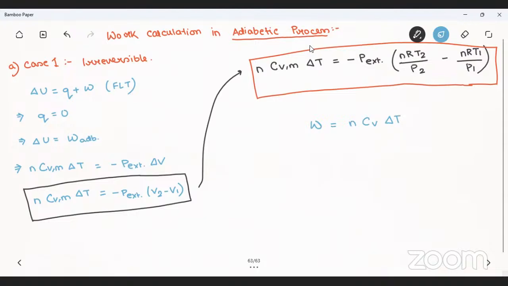So by using this formula you first have to calculate the temperature. After you have got this temperature, then you can use this formula to calculate the work done. Did I make myself clear?